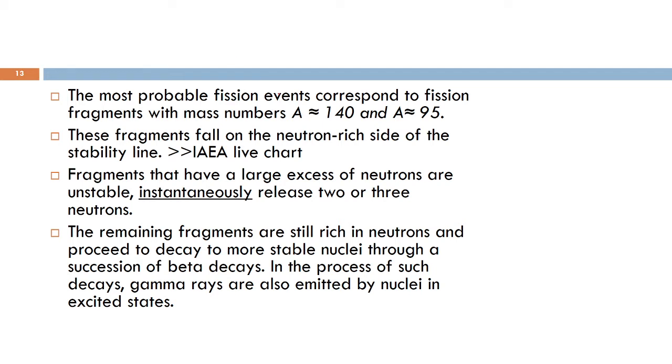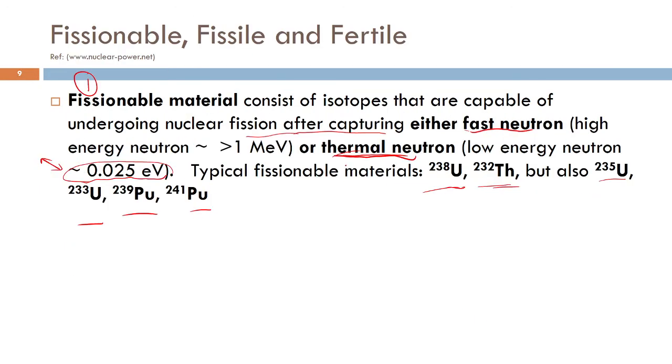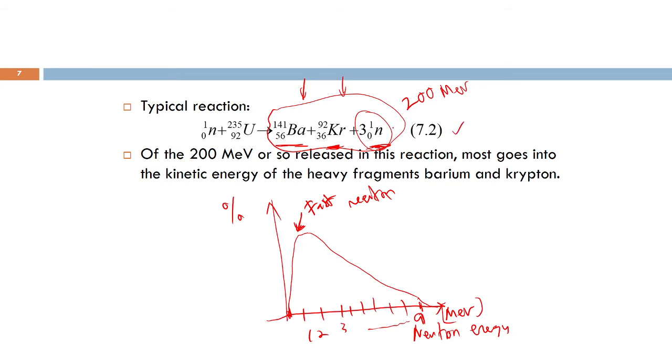So the most probable fission event corresponds to the fission fragments with mass numbers 140 and 95. That's shown in equation 6.2. Please don't mind the 7.2 in this equation.